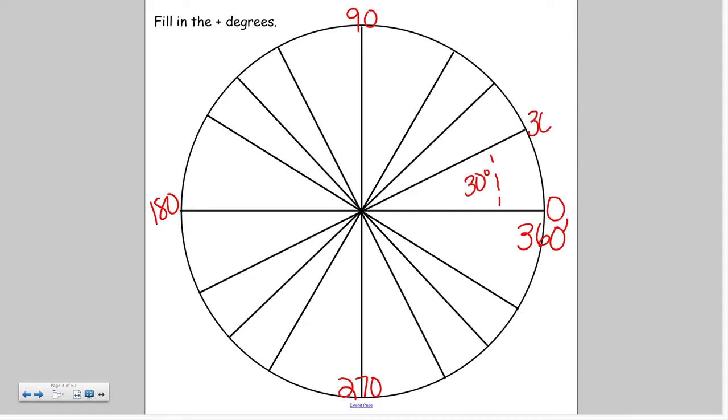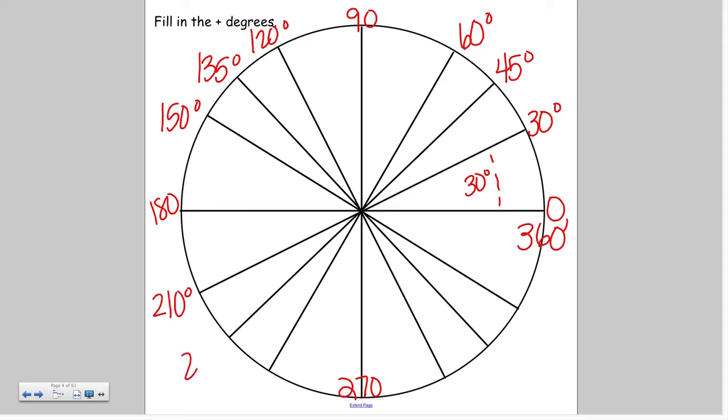So you've got 30, then it's going to go 15, all the way around. 120 degrees. So that's the positive degrees because we've gone counterclockwise.